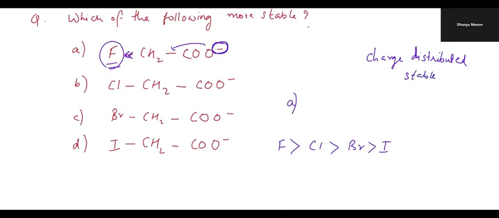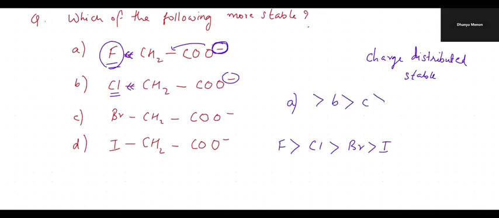So A is highly stable. Which will be the next stable compound? Definitely B, because B has chlorine. Here also the chlorine will pull the electron pair towards itself, so there will be distribution of this electron cloud. So A is greater than B, greater than C, greater than D because of this order.